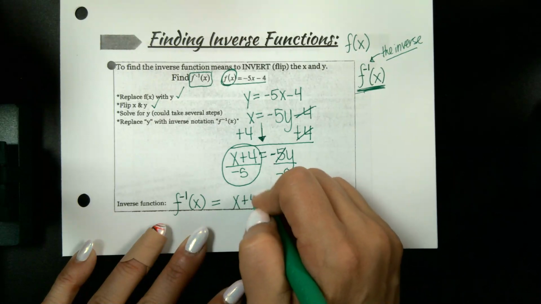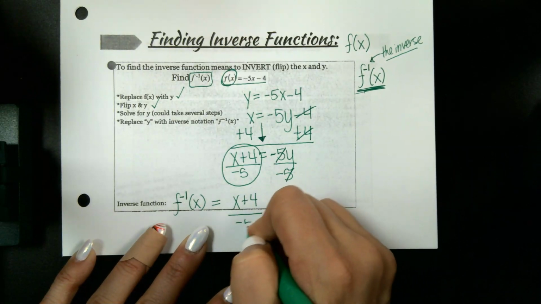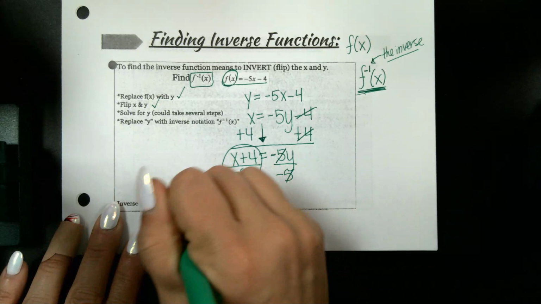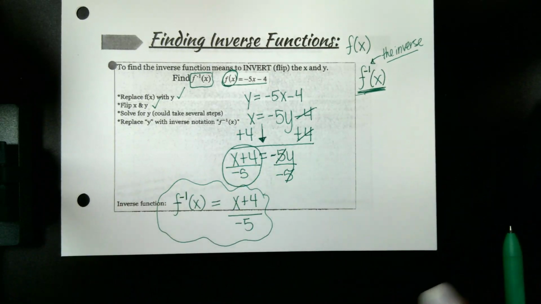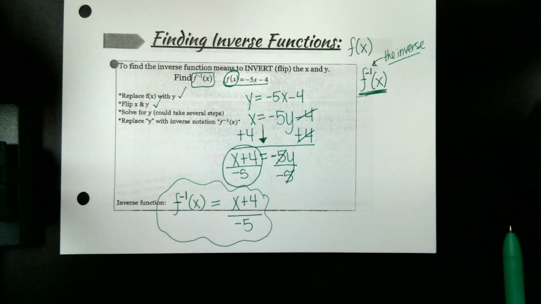X plus 4 divided by -5. And that is it, for that one anyway. Obviously we're going to have some that have more steps than that, but overall, that's essentially what you're doing every single time. You're just undoing whatever was in the original function.